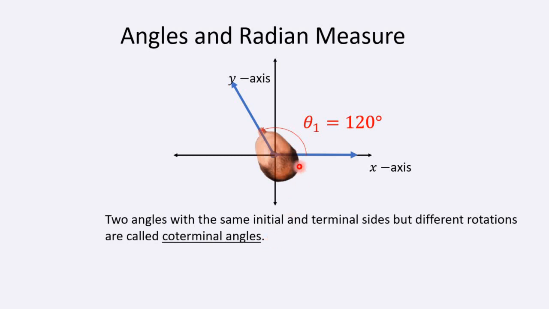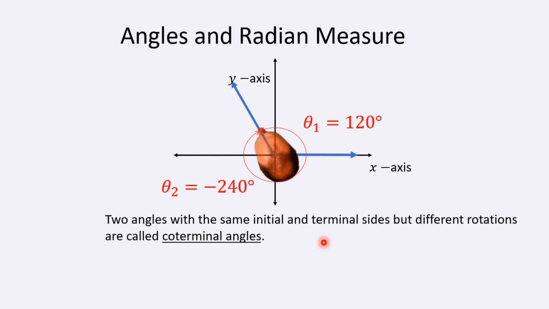So if I rotate clockwise instead, starting in the same place but rotating clockwise, I can create a negative angle that has the same initial and terminal side as the angle 120 degrees, namely negative 240 degrees. If I didn't see the actual rotation, I wouldn't know the difference between these two angles just based on initial and terminal side. These are coterminal angles.